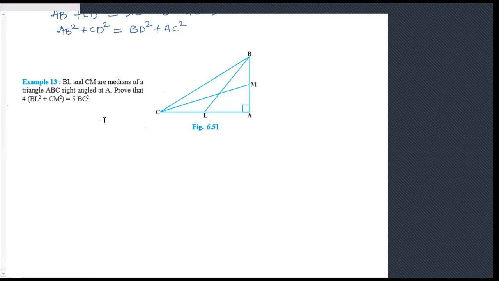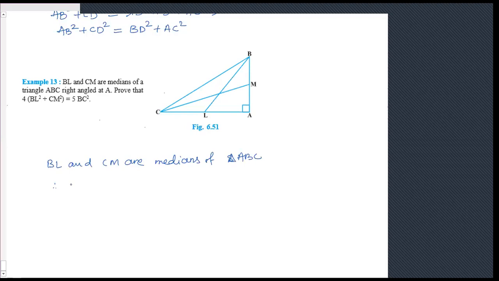So BL and CM are medians of triangle ABC.